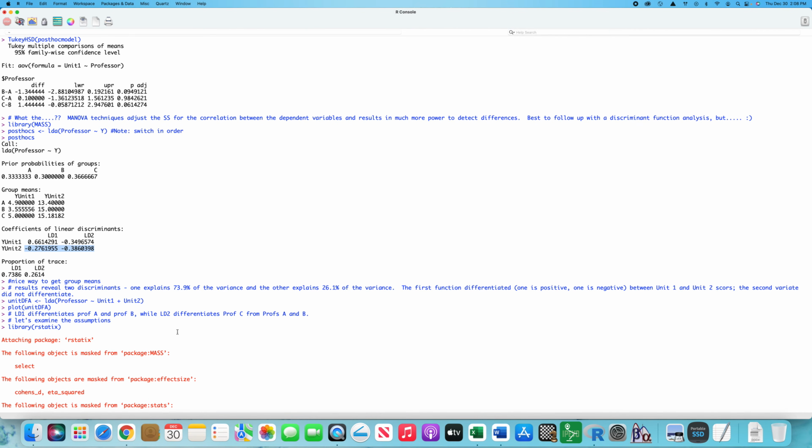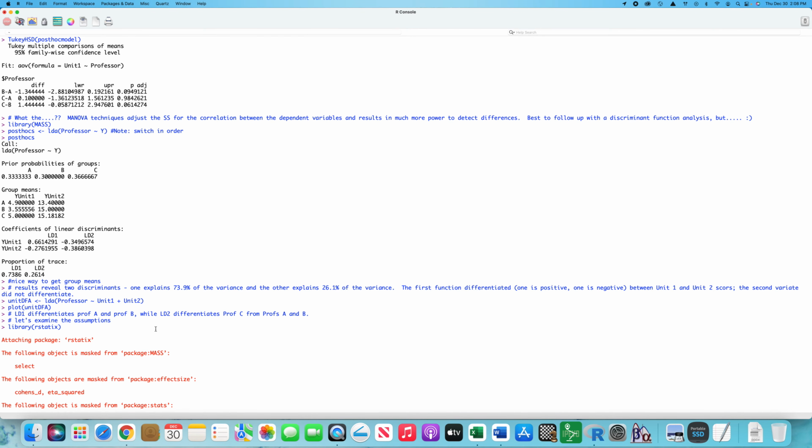We can dive into it a little more and get a plot of the discriminant function analysis. So to do that, I have to create it using the LDA command. And again, notice we have a switch in the way we usually see things.